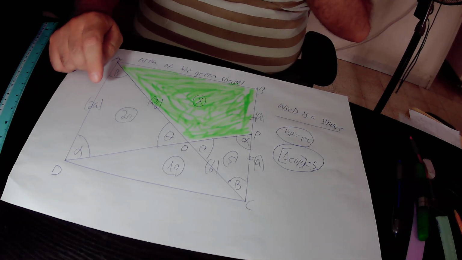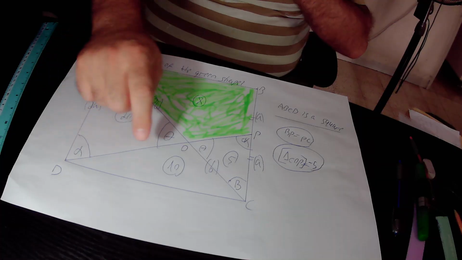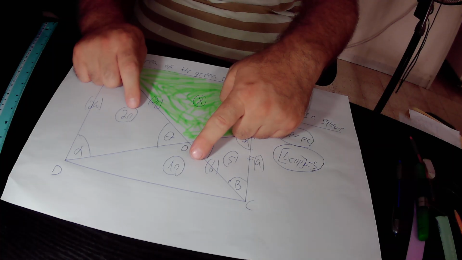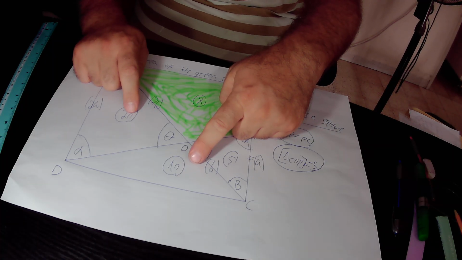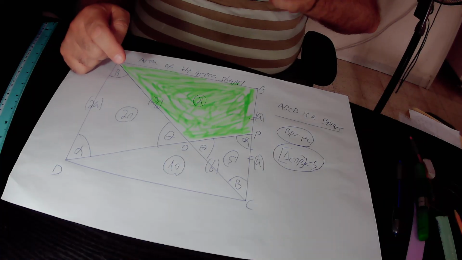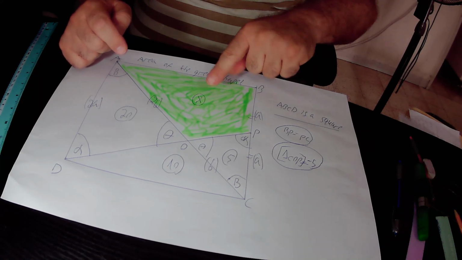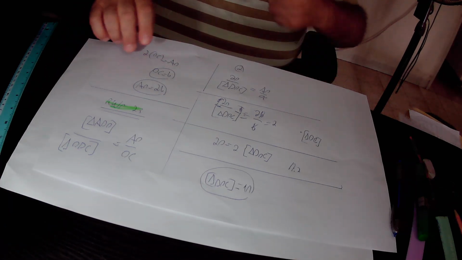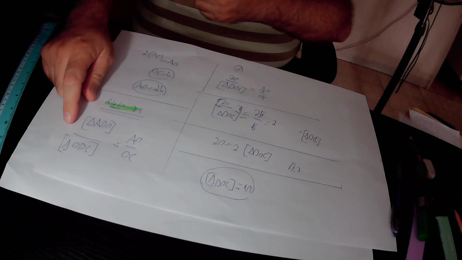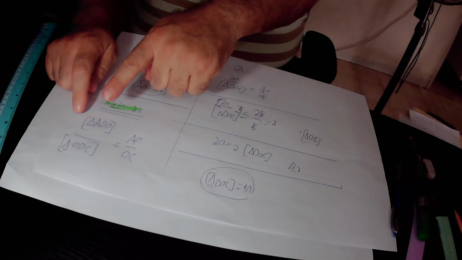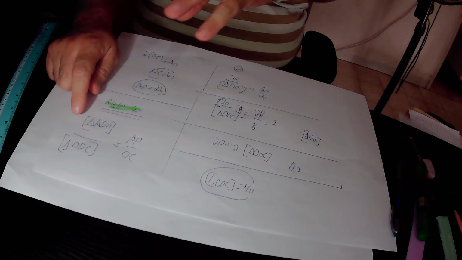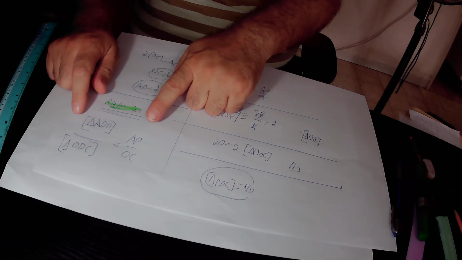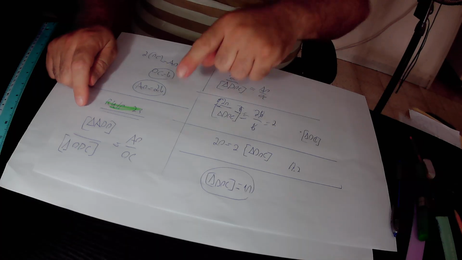Repeat again, according to rule 23, in this right triangle ADC, we have line segment OD that divides the triangle ADC into two parts. The ratio between the areas of those two small triangles, triangle ADO over triangle ODC, is equal to the ratio between their corresponding bases.